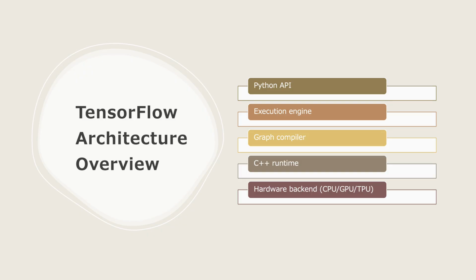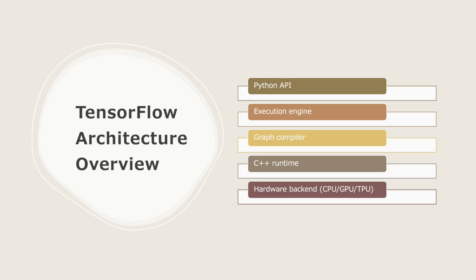This layer helps optimize computation, so TensorFlow can run more efficiently. Underneath that is the C++ runtime, which performs the core low-level execution work. Finally, at the bottom is the hardware backend, where computation actually runs on devices such as CPUs, GPUs, or TPUs.